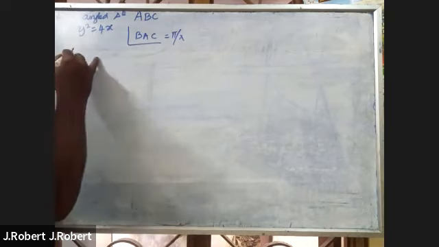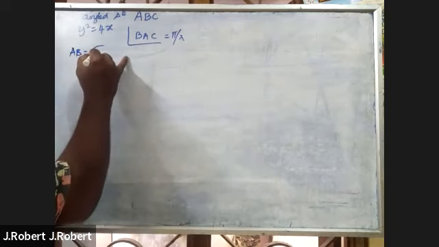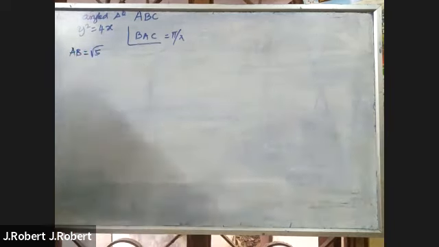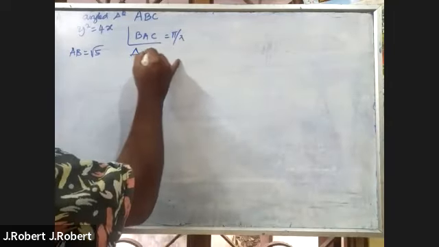If AB is equal to root 5, then find the area of the triangle ABC.